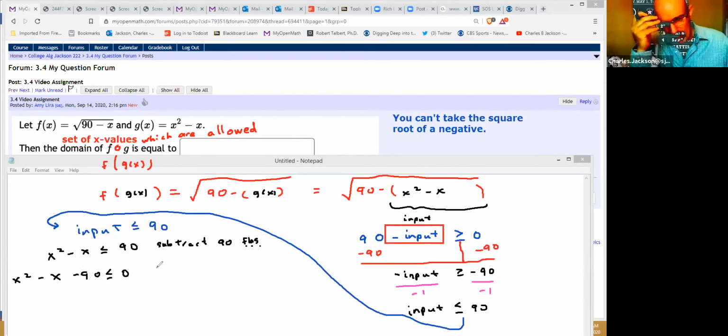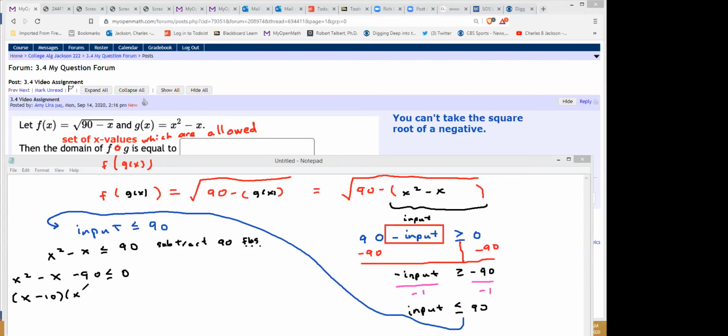Now, to solve that thing, this problem is a problem about domain. So it would be okay to solve it graphically if you're comfortable with that, Amy. Yes, sir.